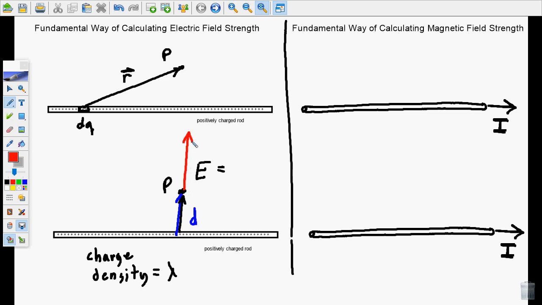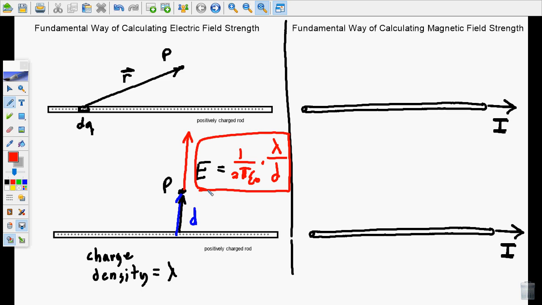And when we calculated the total electric field strength due to the whole shebang line charge, does anyone remember what we got? Griffin? 1 over 2 pi epsilon naught times the charge density lambda over d. So this was for the whole shebang line charge.